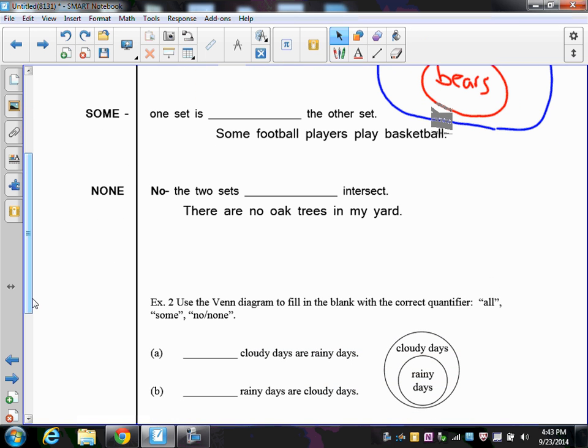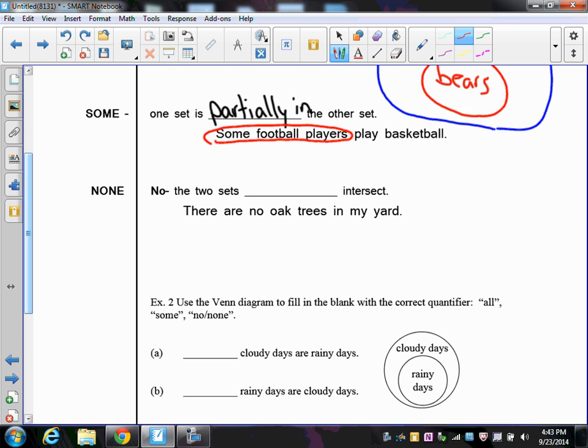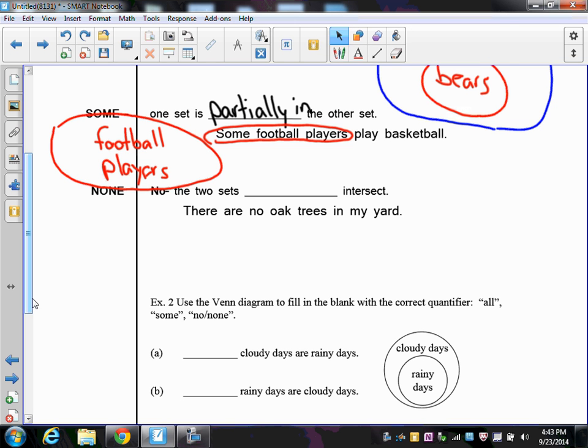Some, that's one set, is partially in the other set. So if I want to draw this one, it says some football players play basketball.